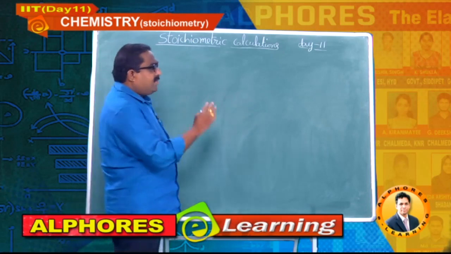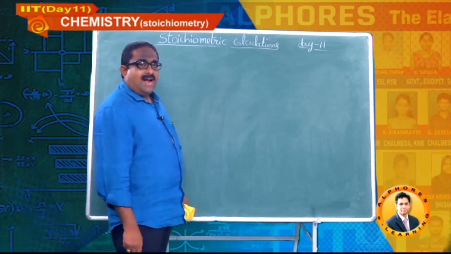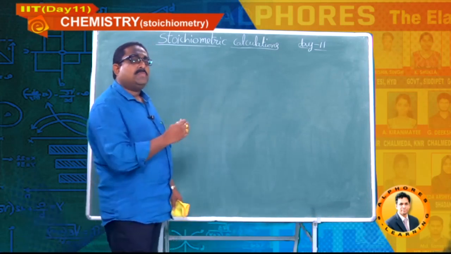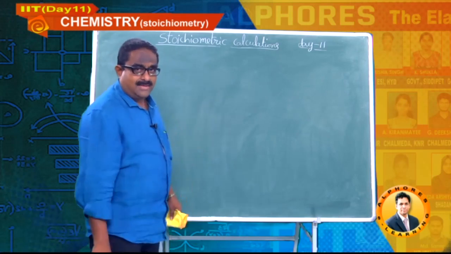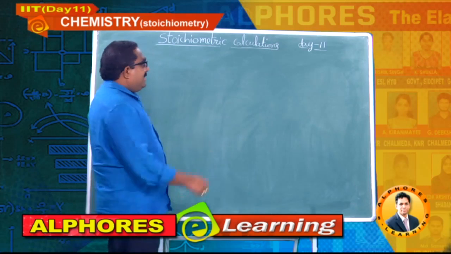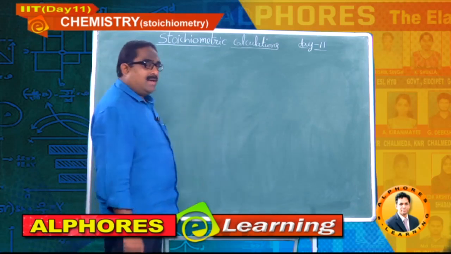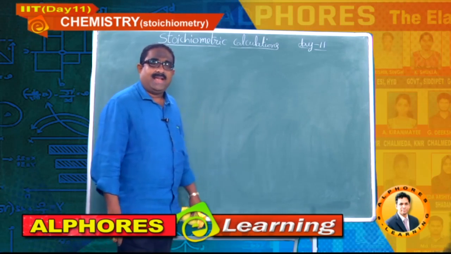How much amount of raw materials we have to take, and finally how much product that we are going to get. All these calculations, the real time application of stoichiometry, is stoichiometric calculations.